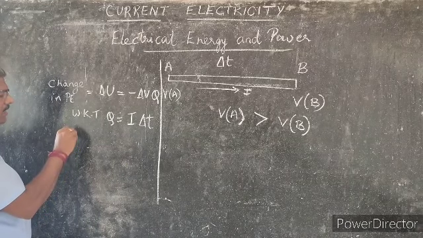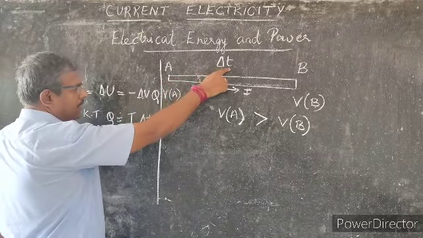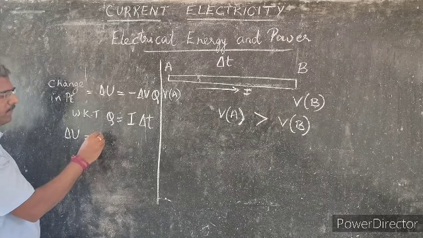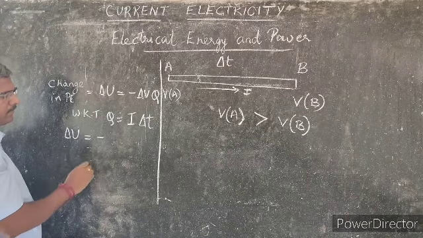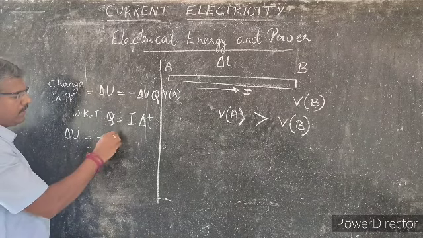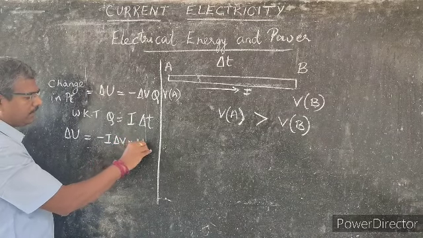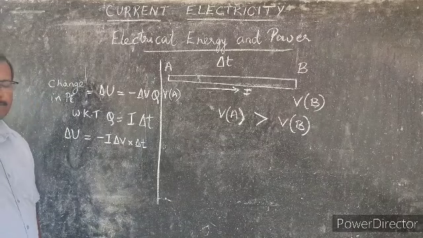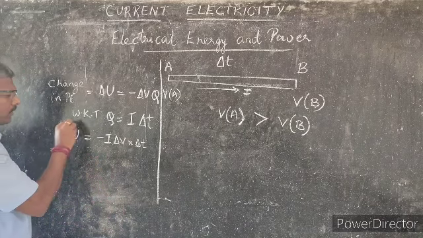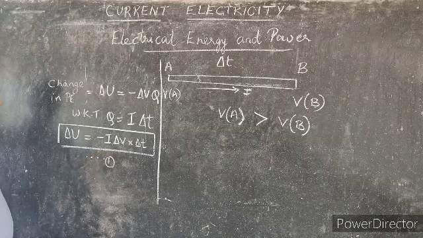My change in potential energy over a period of time delta T in the charges flowing from A to B is given by minus I delta V into delta T. We'll call this equation 1.